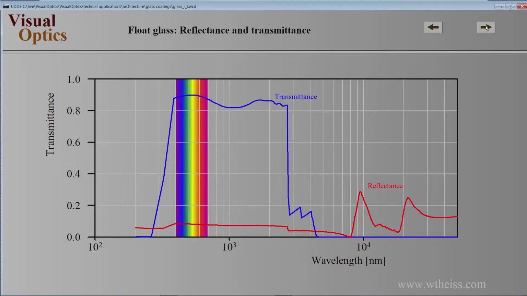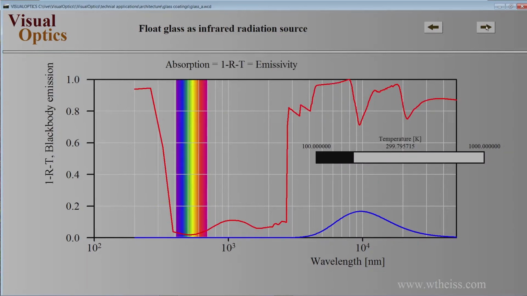Let's take a look at what it means to have reflection of only a few percent and to have zero transmission. That actually means the absorption is very high. It's typically roughly 85%, and there's a fundamental relation in physics.